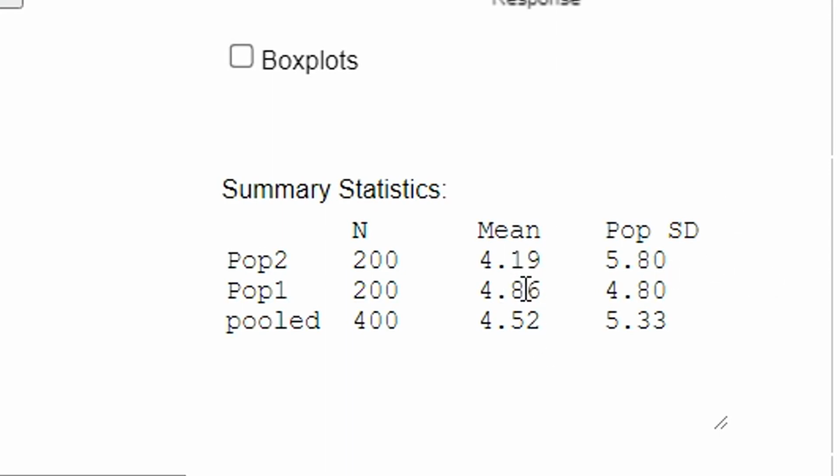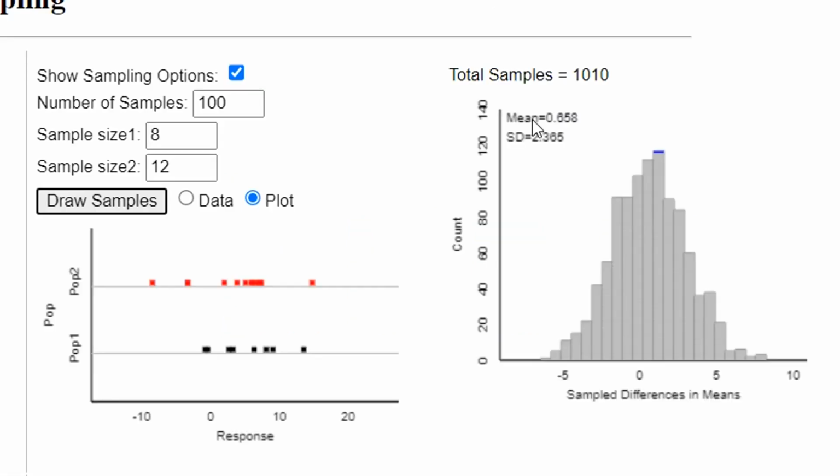We should have an actual difference of about 0.67, and we have a difference here of about 0.66. Very close. What is not so obvious is how did we get this standard deviation?